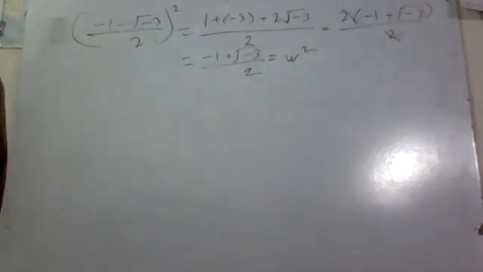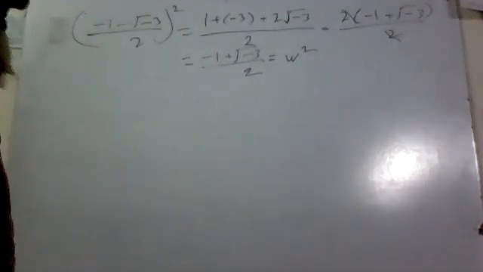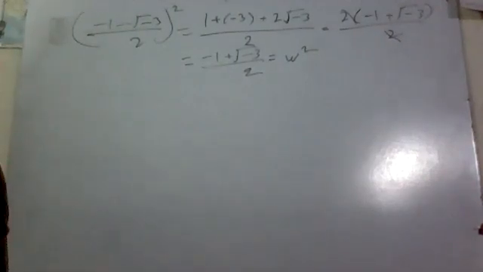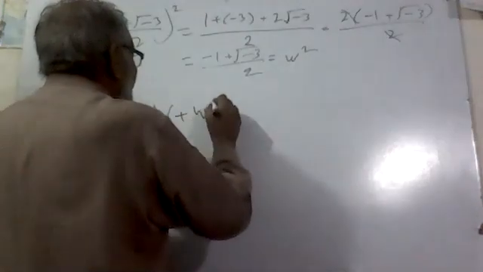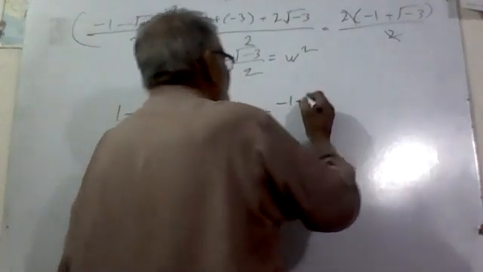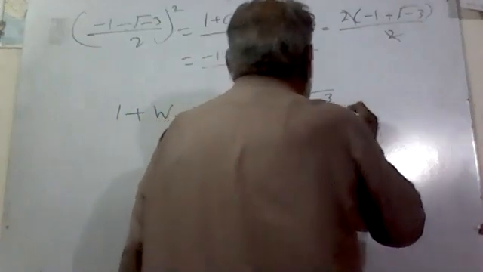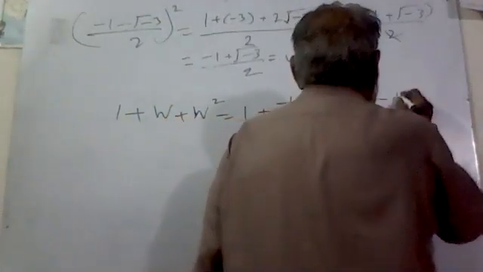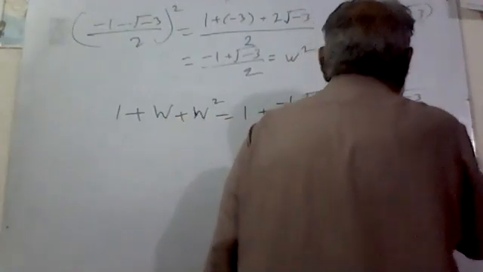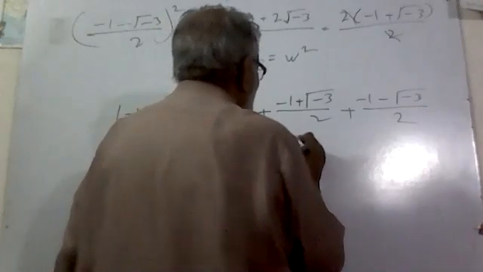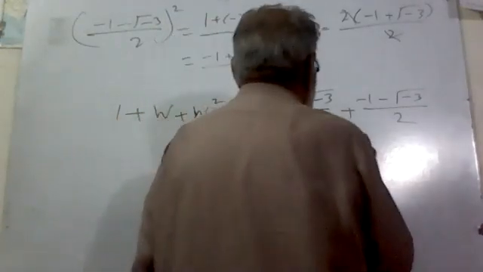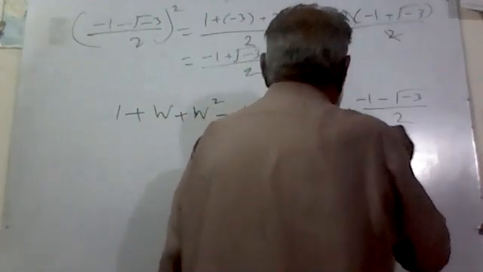Next property will be that omega cube must be equal to 1. And if you add the three quantities, you will get 1 plus omega plus omega square. That will give you 1 plus minus 1 plus under root minus 3 over 2 plus minus 1 minus under root minus 3 over 2. You get this as 2 minus 1 plus under root minus 3, then minus 1 minus under root minus 3, all divided by 2.